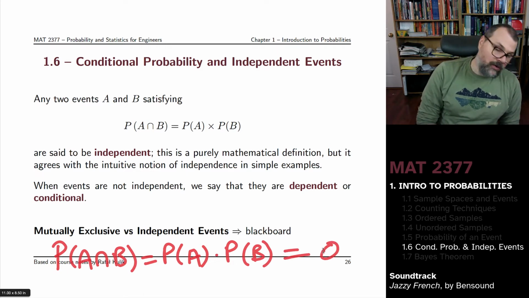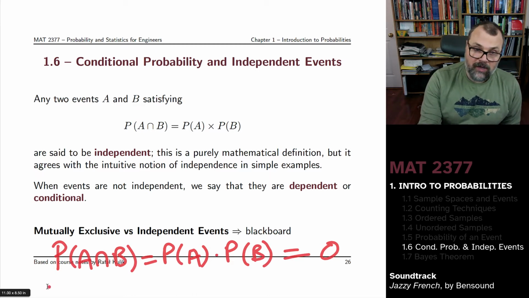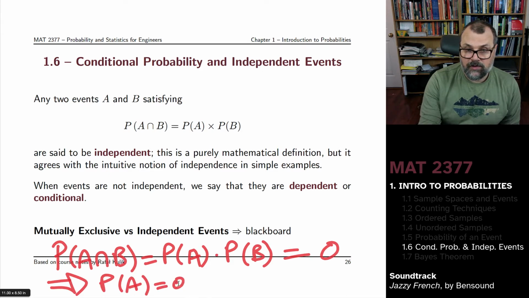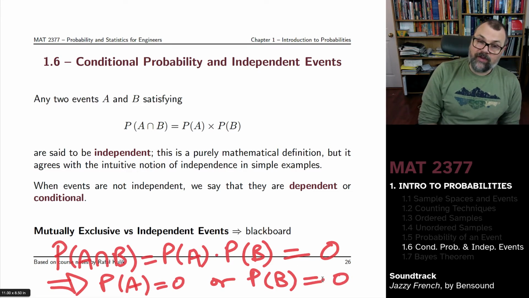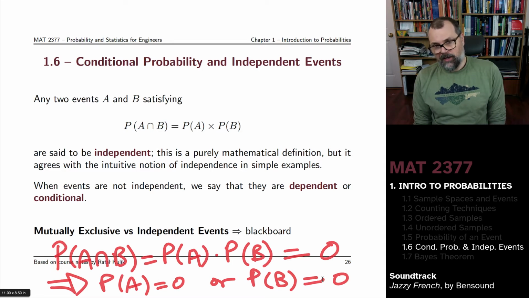What's the only way you can have a product of two numbers being equal to 0? That would mean that either the first is 0 or the second is 0. So the only way for two events to both be mutually exclusive and independent is if one or potentially both of them are the empty event.